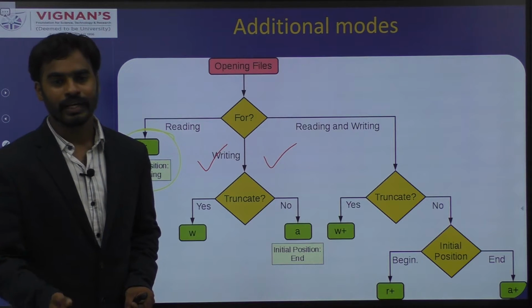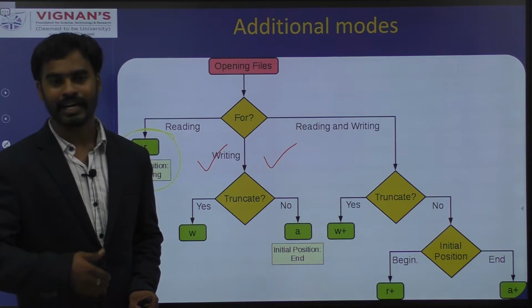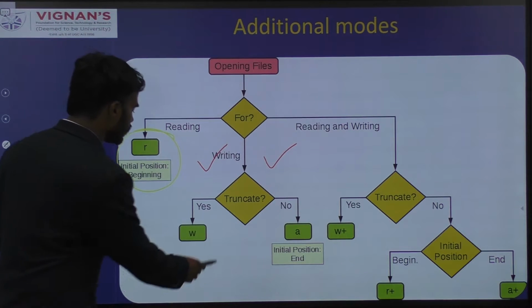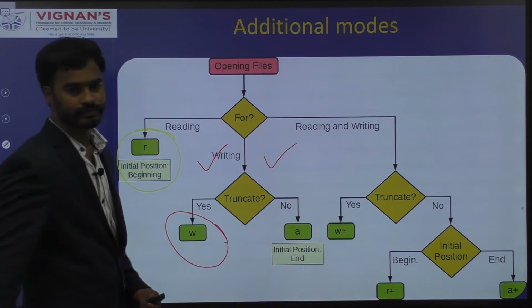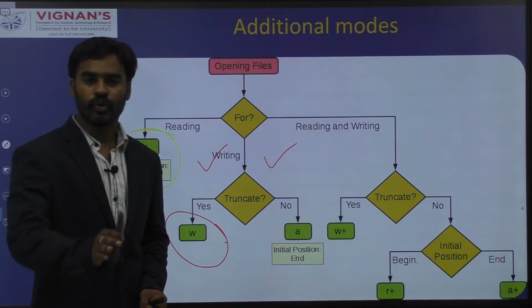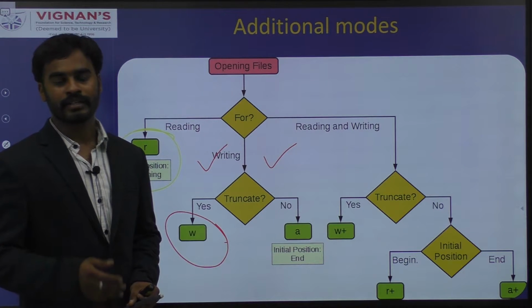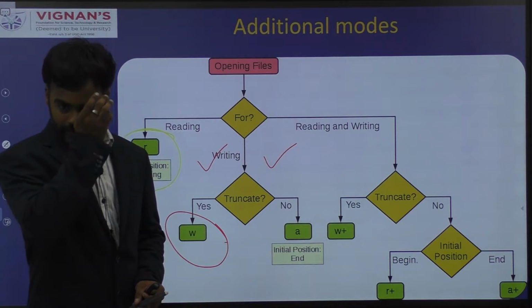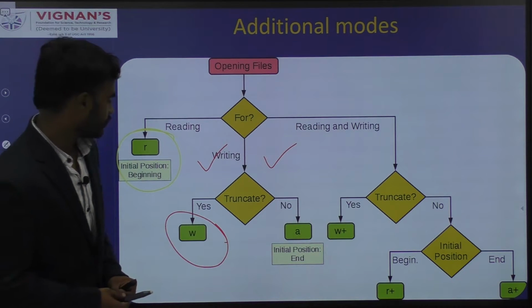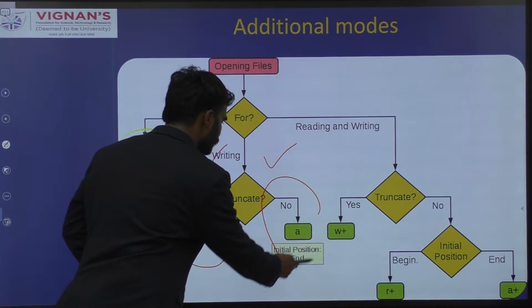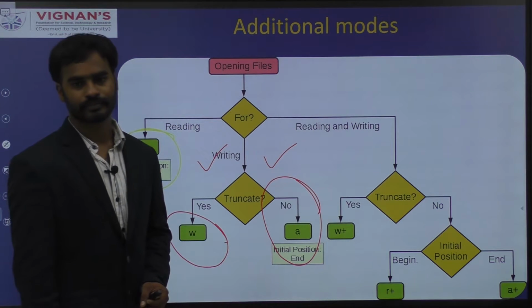If you would like to erase the previous contents and start writing fresh, go with the write mode W. If you don't want to erase the previous contents, if you want to add the content at the end, then you can go with the append mode A.